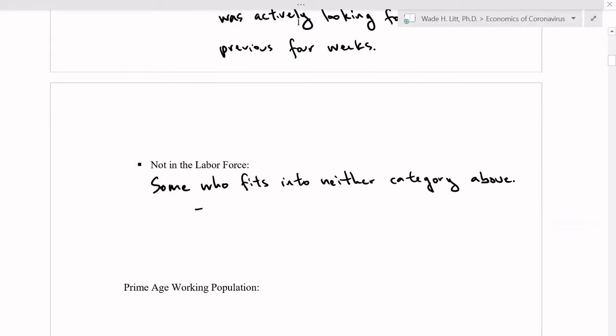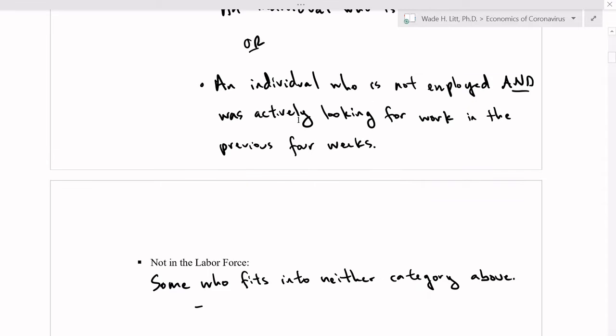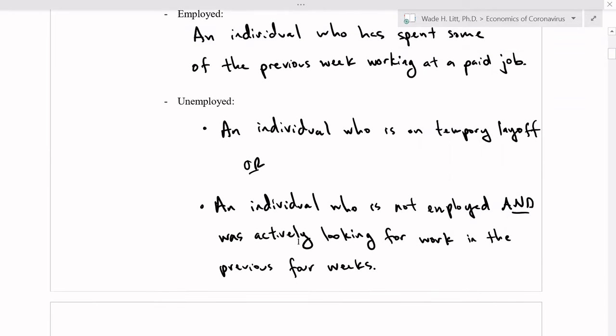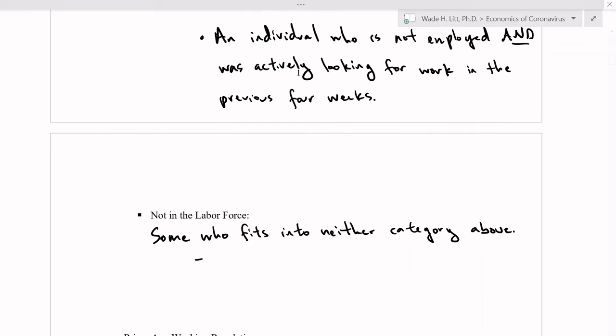Okay, think for a minute about what types of people these could be. If you want, you could pause and try to think about who was either not working in the last week or not looking for a job within the civilian population, adult population, 16 and older.